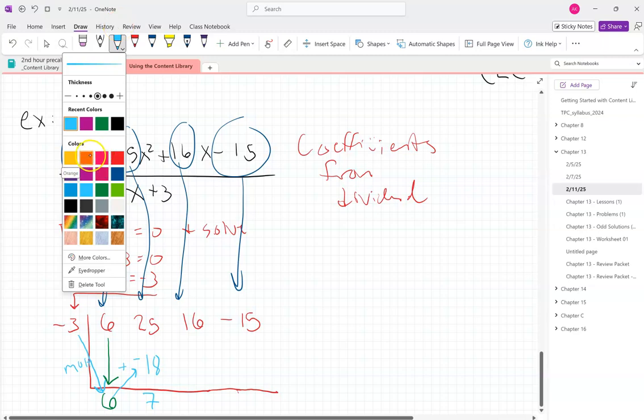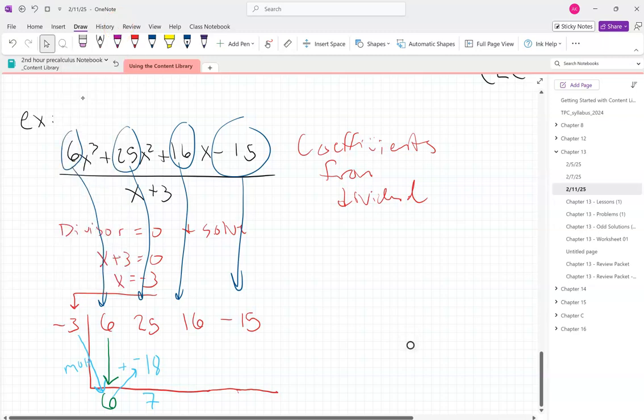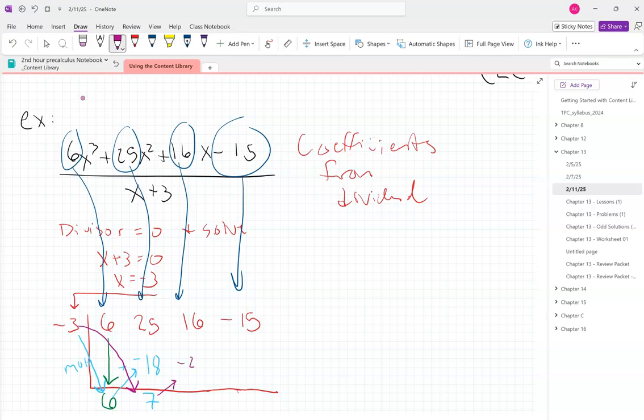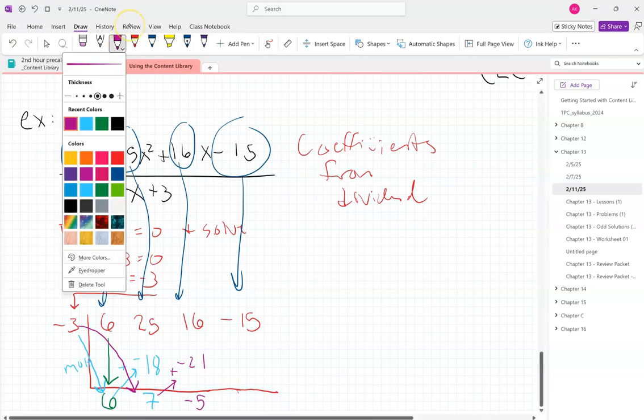And I'm going to repeat that until I filled all of my spaces. So now I'm going to do -3 times 7. That's -21. I write that there, and then I add down. That gives me -5.